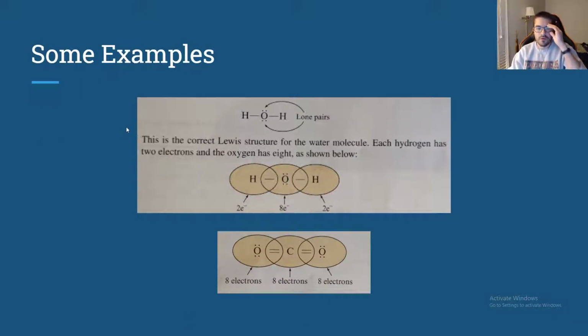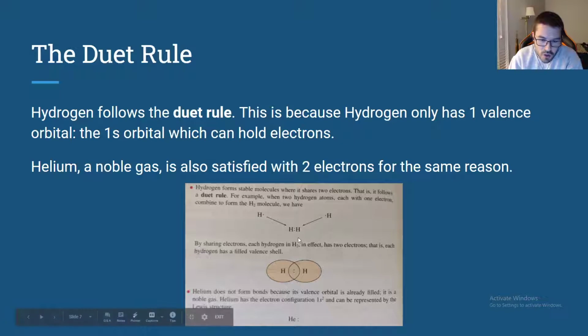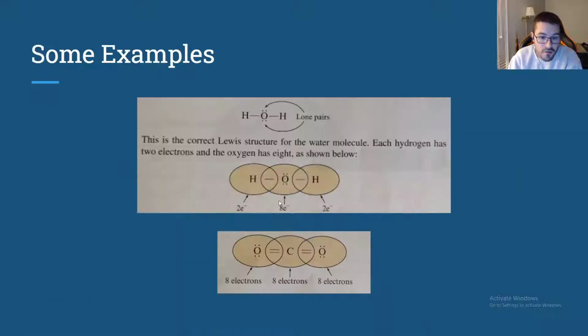Okay, let's look at a few more examples really quickly. And like I said, I'm going to be going into a lot more detail in the problem-solving video. Here's water, okay, so H2O. These would be examples of lone pairs here when they're drawn just as dots. And now sometimes you might see a Lewis structure that looks like this, where people will replace the electrons that are shared with a line.